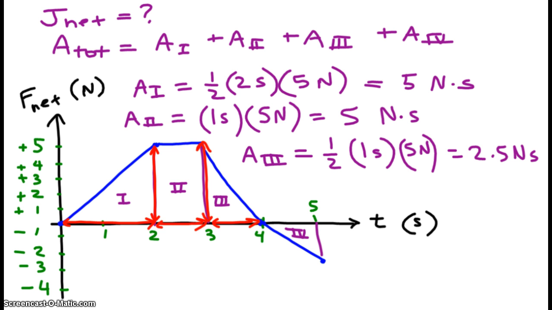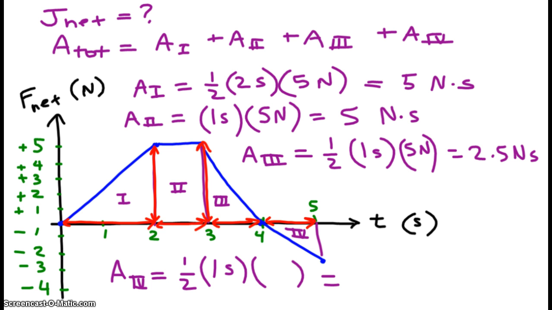Now on to area 4. Area 4. This is curious. It's a triangle. That's not curious. Triangles have the formula 1/2 base times height for their area. The base is easy. It goes from 4 seconds to 5 seconds. So this triangle spans a total of 1 second. And what about the height?